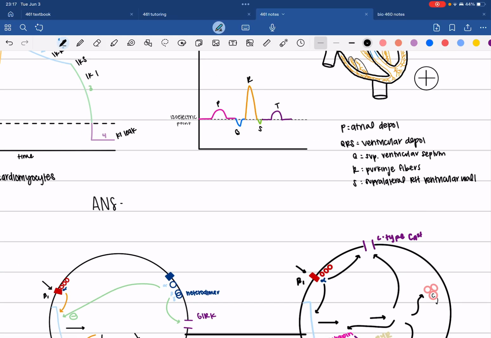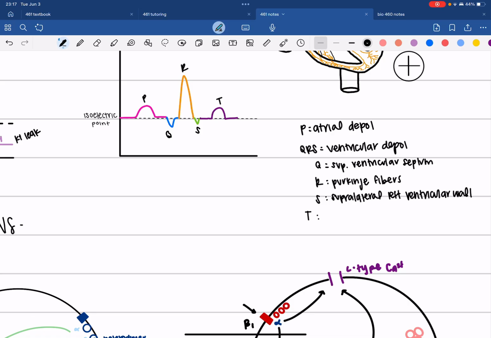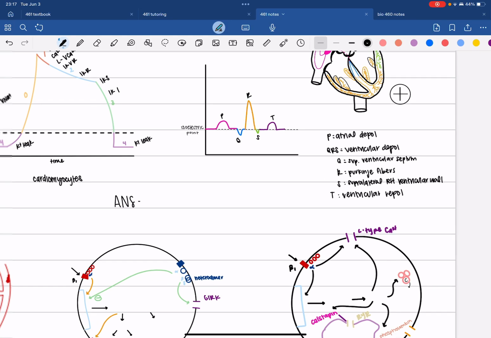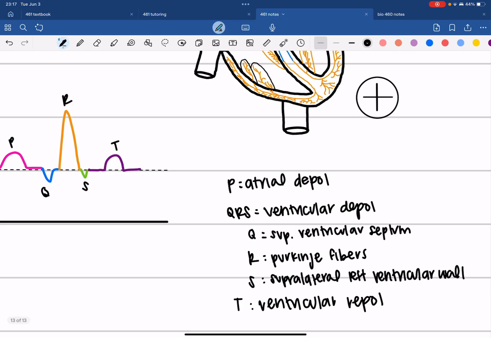Beautiful. So then our T wave is now representing our ventricular repolarization. And now all throughout the heart, as we were depolarizing, we were always going from endocardium to epicardium.